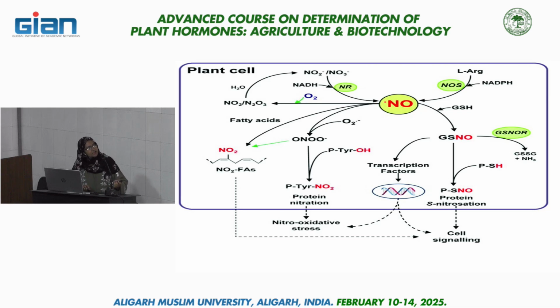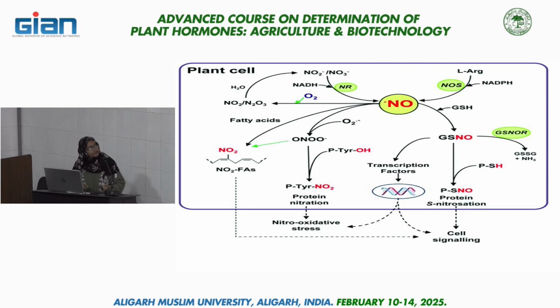So synthesis takes place, then its post-translational modification, and then it causes the cell signaling, which is important for the different biological functions of the plants. And it regulates many growth and development processes from seed germination to senescence.